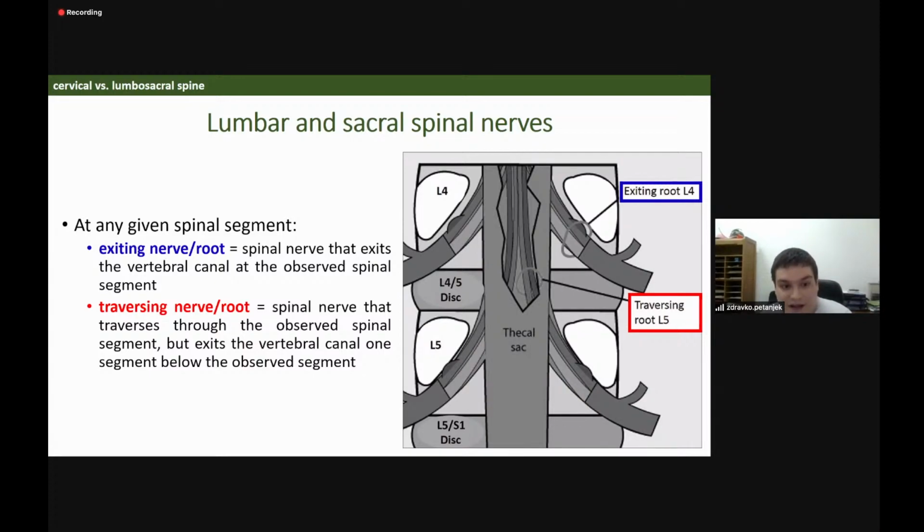And thus we define the traversing nerve or the traversing root as the spinal nerve that traverses through the observed spinal segment, but exits the vertebral canal one segment below the observed segment. This is specific to the lumbar spine and is not present in the cervical spine, where we have only exiting nerves.